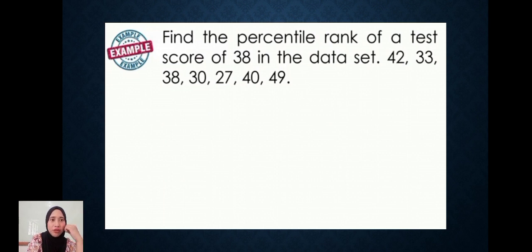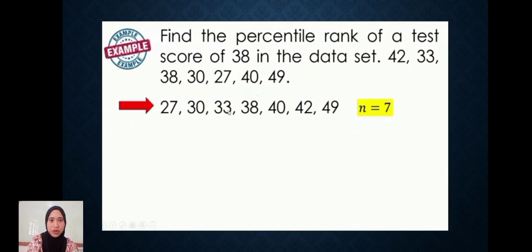What rank is 38 in this data? First, we arrange the data from lowest to highest, or into ascending order: 27, 30, 33, 38, 40, 42, then 49. So we have 7 data points there.